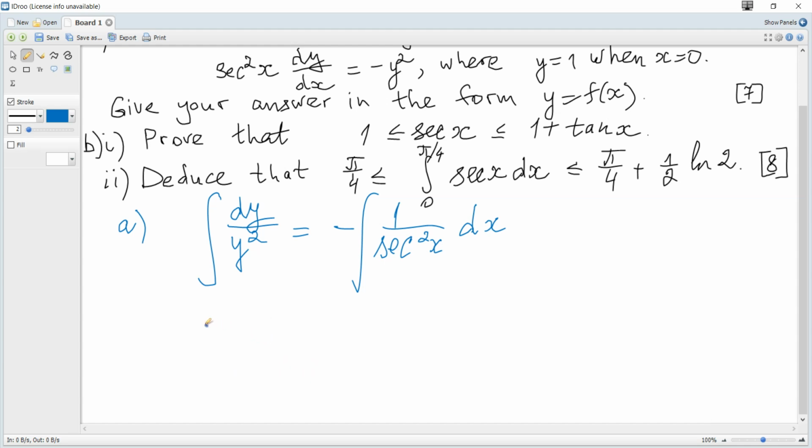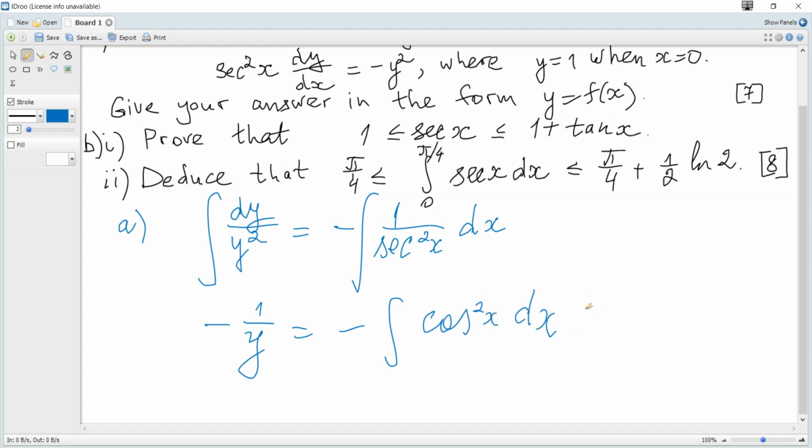So finally it becomes negative 1 over y is equal to, how to integrate 1 over secant squared? What is secant? Secant is 1 over cosine, hence the right hand side becomes just cosine squared. And how to integrate cosine squared?